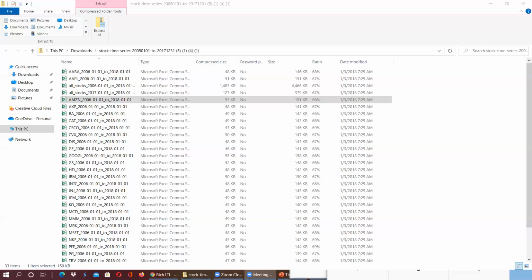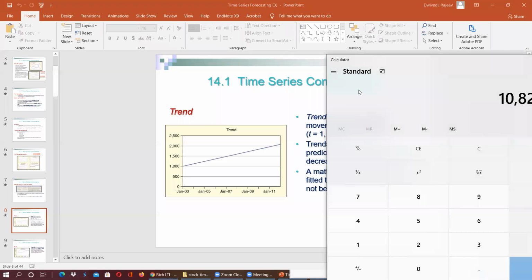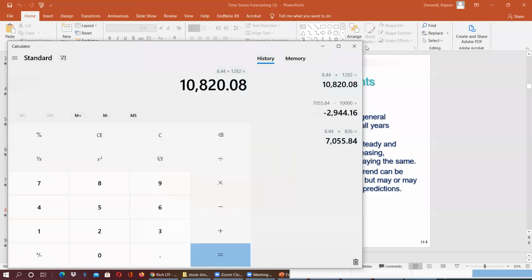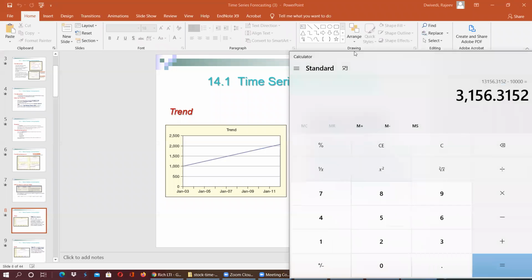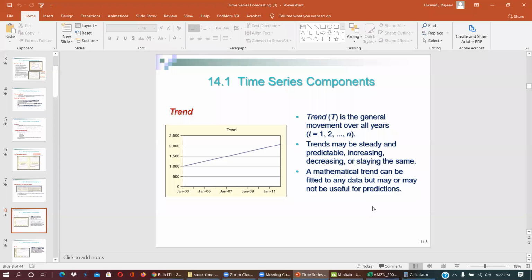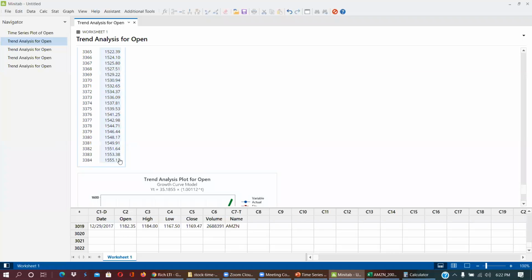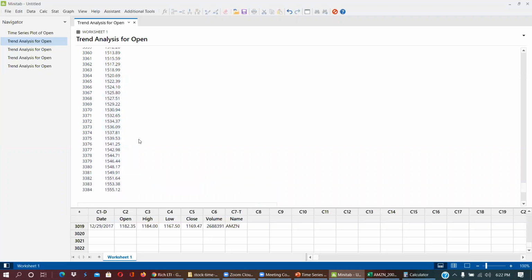So Minitab gives us the equation, gives us the accuracy measures, gives us these forecasting values. Now let me go further.